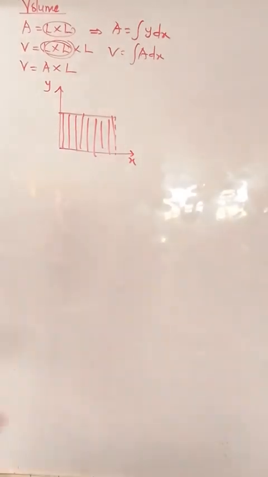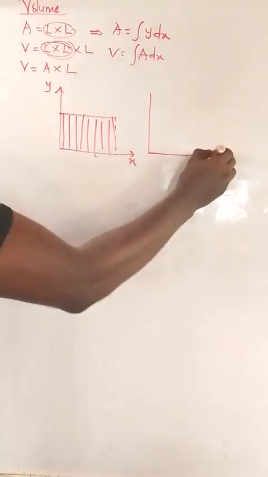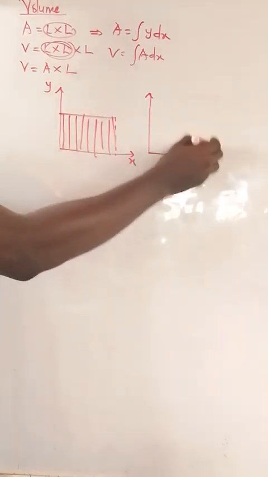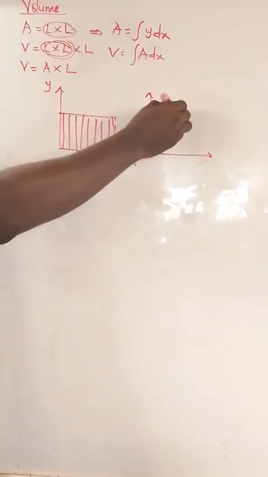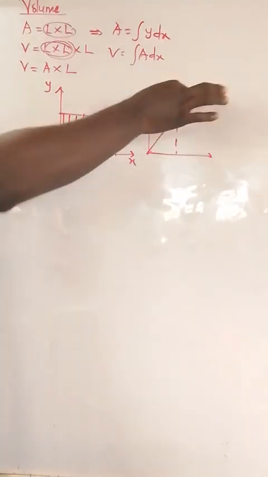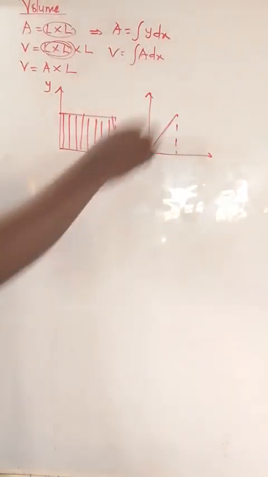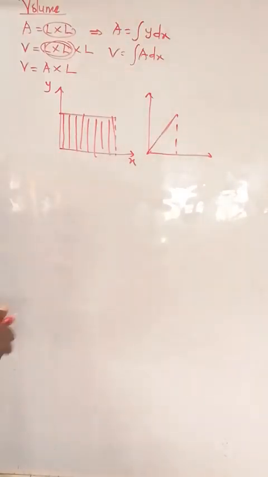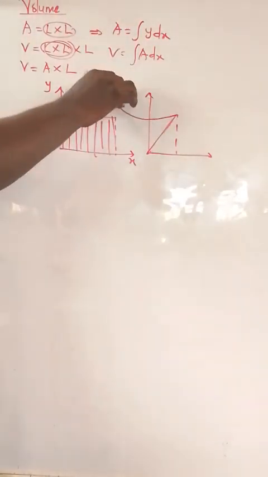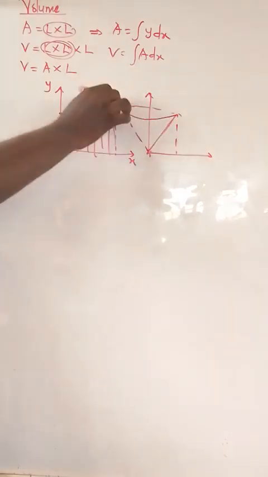Okay, for example, let's suppose we have a function of y and x, and in this case, this is what we have. If I take this point and I rotate it from here, this top I write as a circle, something like this, we'll get a cone.